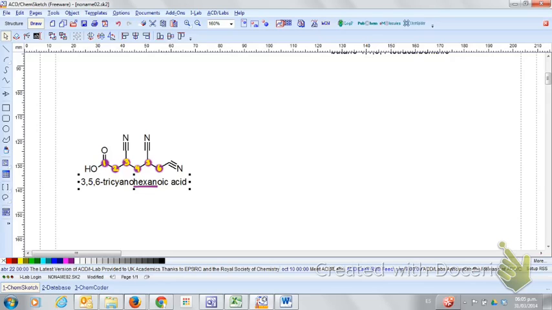Then I have a carboxyl group here. There is the oic acid. And the cyano group will include the corresponding carbon. So we have 1, 2, and 3 cyano in carbons 3, 5, and 6 from the carboxylic acid.